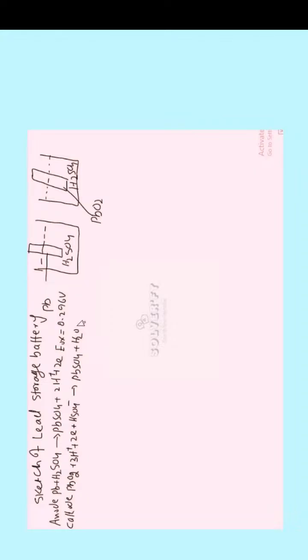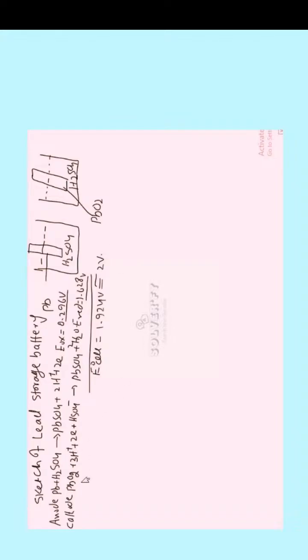Here the E reduction is equal to 1.628 volt. Combining the two half cells, E naught of the cell is equal to E oxidation plus E reduction. The sum of the two values is equal to 1.924 volt, which is approximately equal to 2 volt.